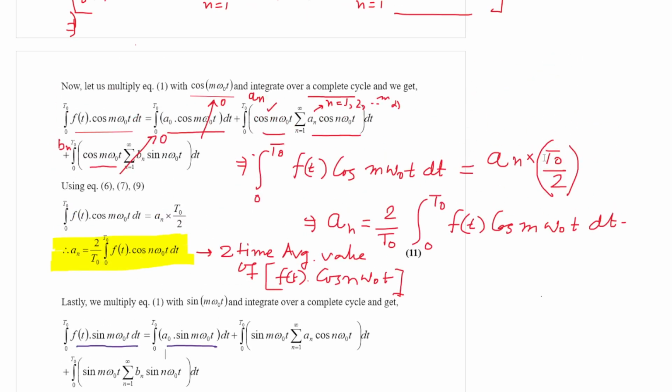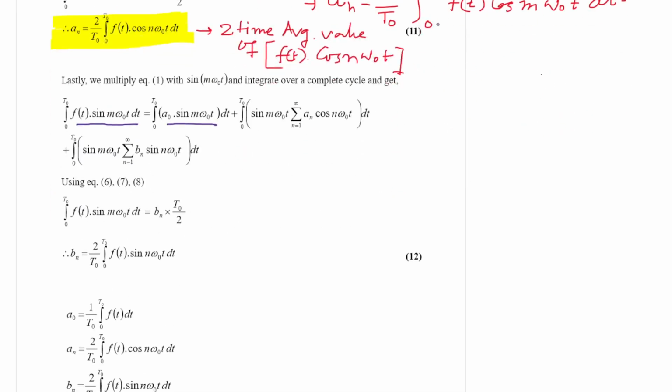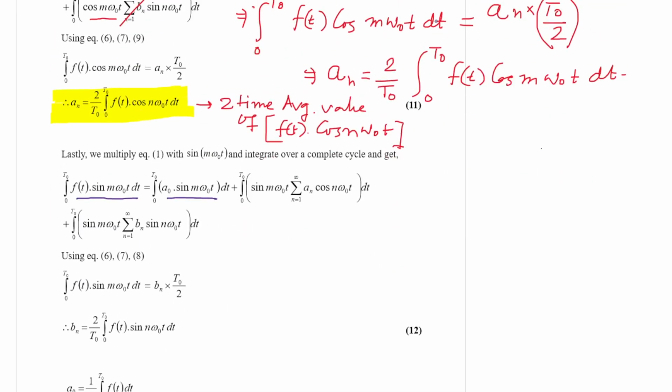Actually this is an, so it should not be there. An and bn are already there. So sine m omega naught t into cosine n omega naught t dt.